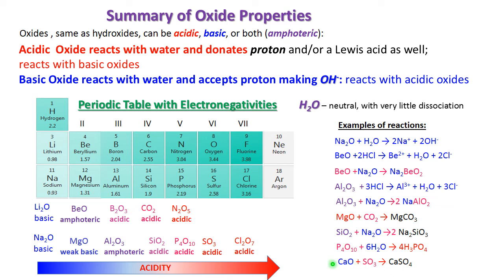And the last, calcium oxide, reacts with sulfur trioxide to make calcium sulfate. So again, we have an increase of acidity from group number 1 to group number 7, and an increase of acidity when we are going from below to above in the same group.